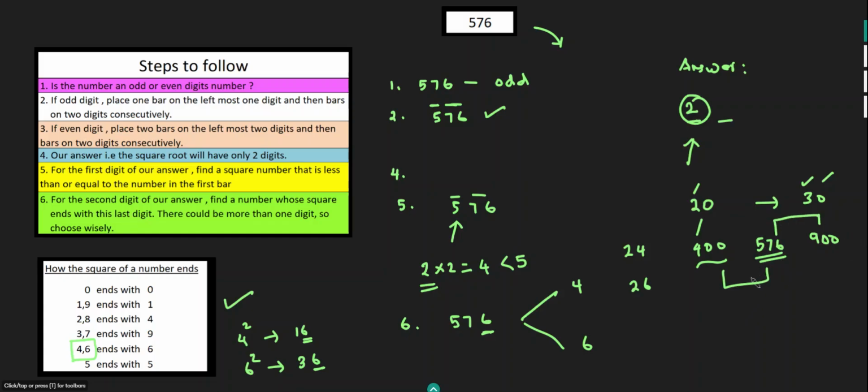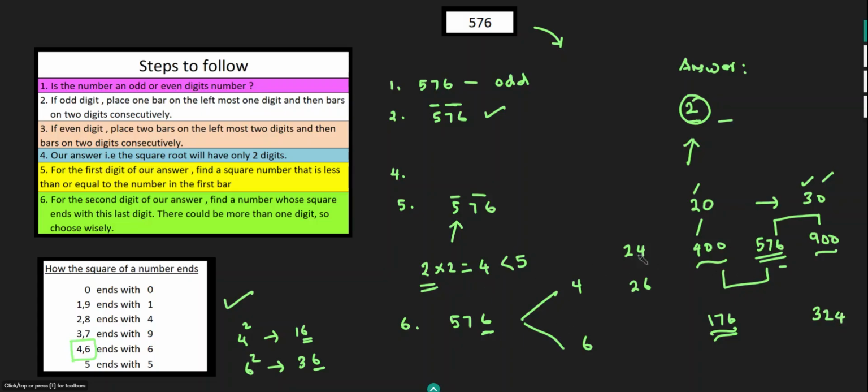We can easily determine this by finding the difference. The difference between 576 and 400 is 176. However, the difference between 900 and 576 is 324.